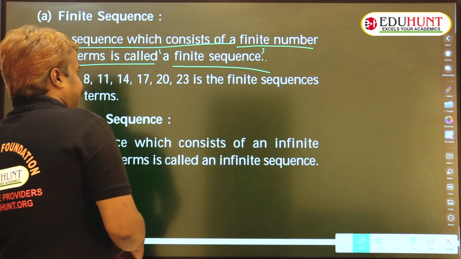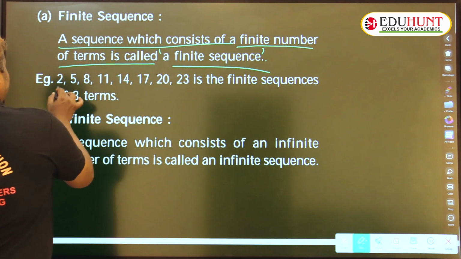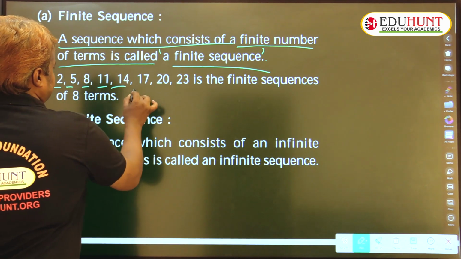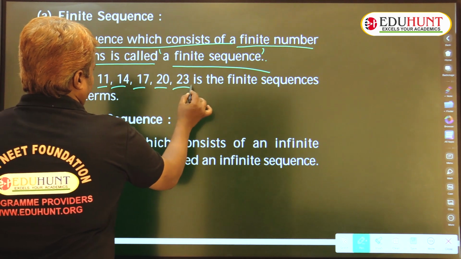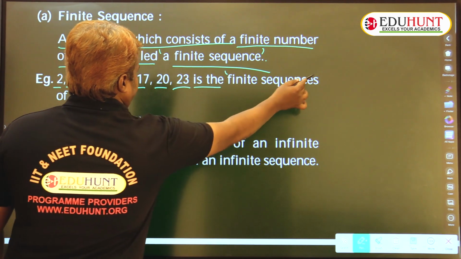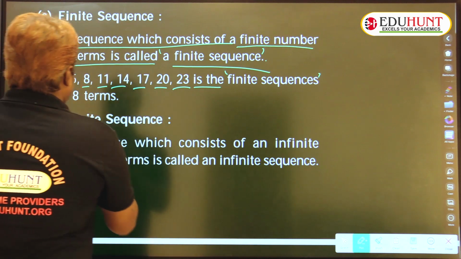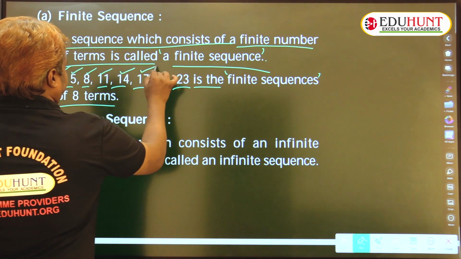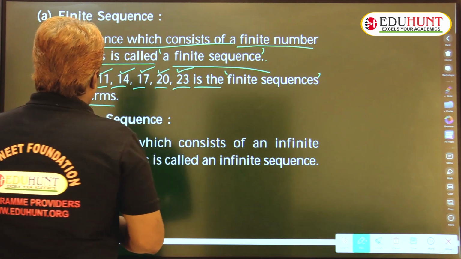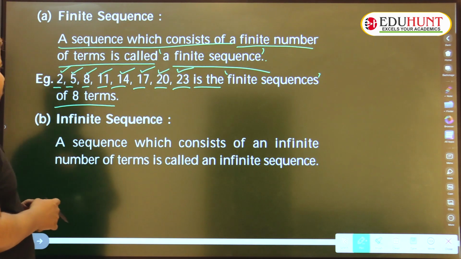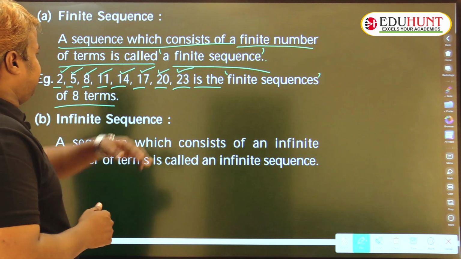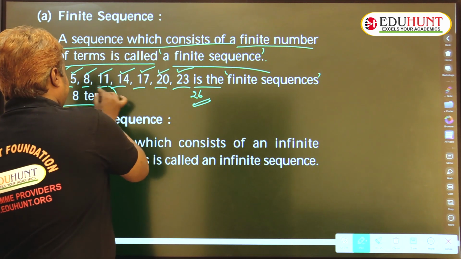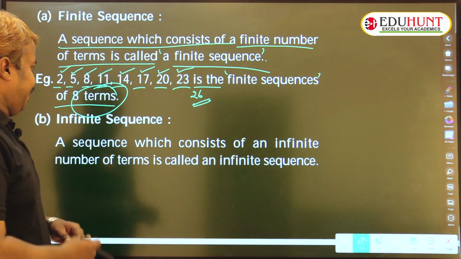Example: 2, 5, 8, 11, 14, 17, 20, 23 is a finite sequence. How many terms does it have? 1, 2, 3, 4, 5, 6, 7, 8. You get 8 terms. Another term you can write is 26, which would be the 8th term. So this is a finite sequence of 8 terms.